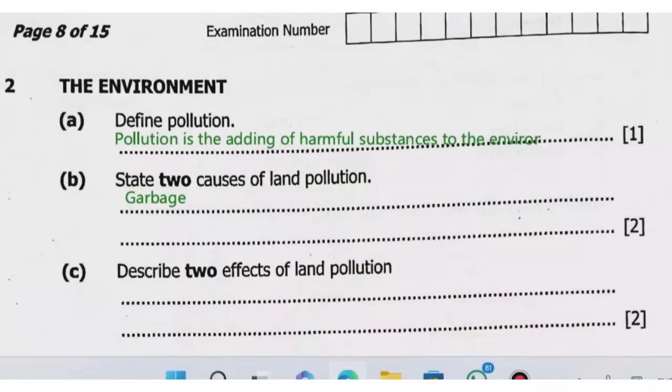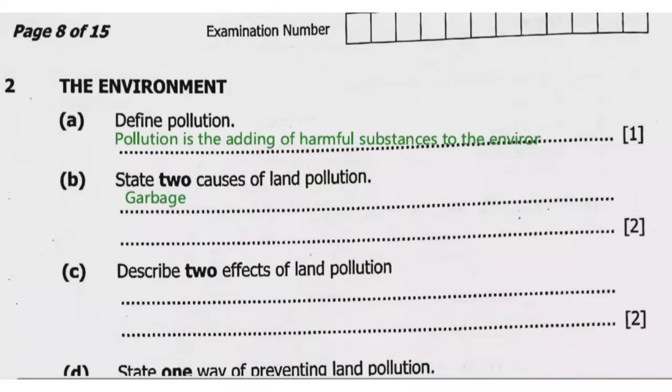Throwing away of dirt will cause pollution. If you throw a lot of dirt in the environment, it will cause land pollution or air pollution. Now we're talking about land pollution, so garbage will cause land pollution.